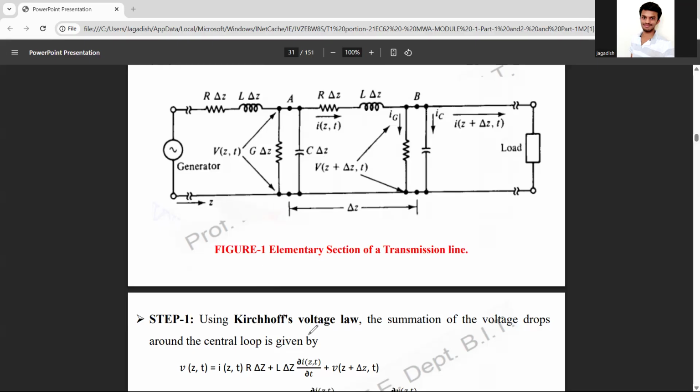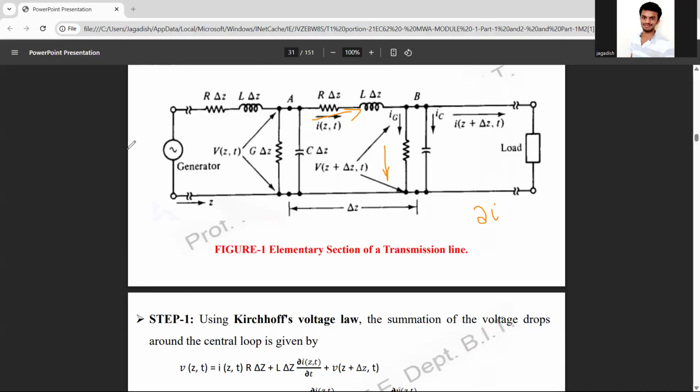So using Kirchhoff's voltage law, the summation of the voltage drops around the central loop is given by v of z comma t is equal to current i of z comma t into R delta Z plus L delta Z into, see, for an inductor you always have to use differentiation, as you would have learnt with Laplace transforms, the partial differentiation dou i by dou t of z comma t, plus the voltage v of z plus delta Z comma t.